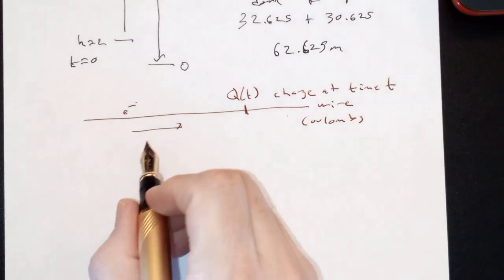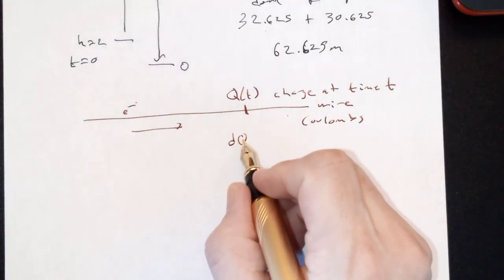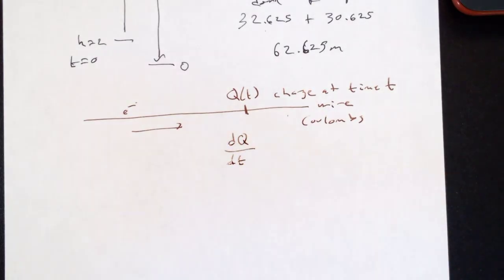But I think about the electricity moving. So I'm going to measure the change in charge with respect to time. That would tell me how much electricity goes past that spot. How do you measure that?